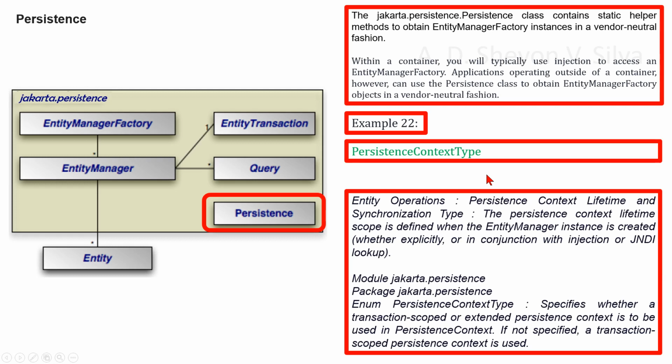Navigation from a managed object in an extended persistence context results in one or more other managed objects regardless of whether a transaction is active. When an entity manager with an extended persistence context is used, the persist, remove, merge, and refresh operations can be called regardless of whether a transaction is active. The effects of these operations will be committed to the database when the extended persistence context is enlisted in a transaction and the transaction commits.